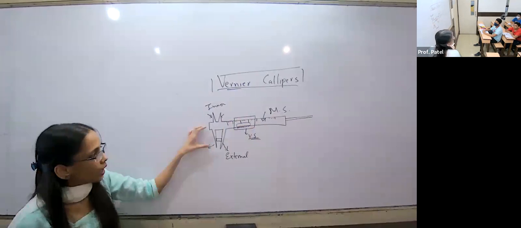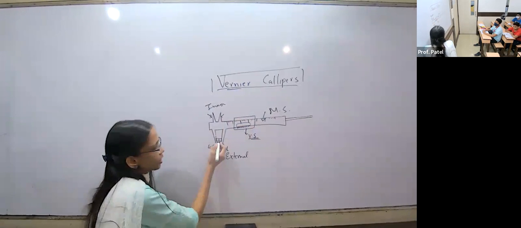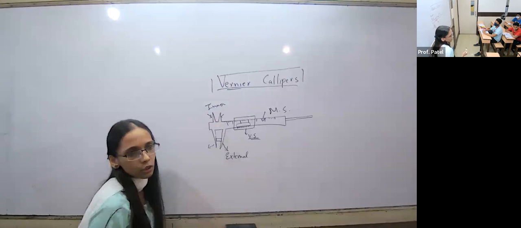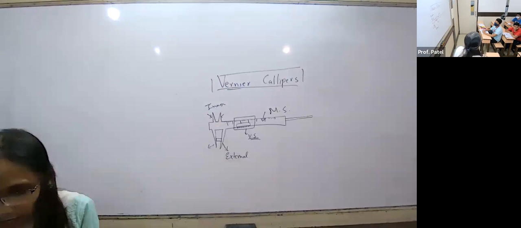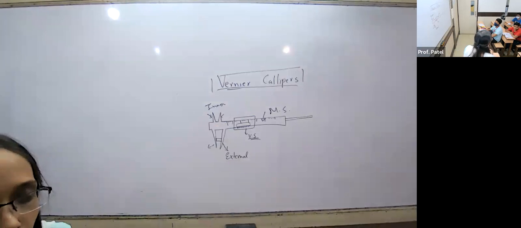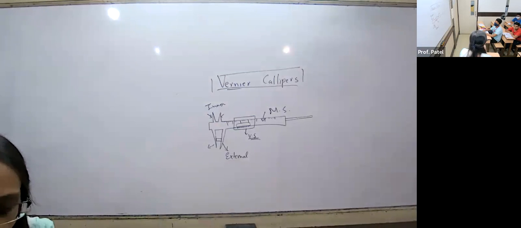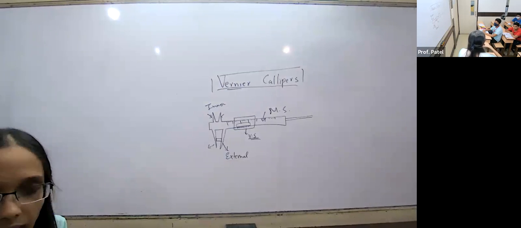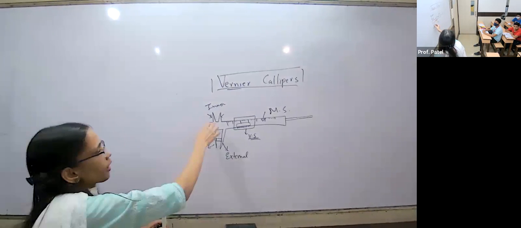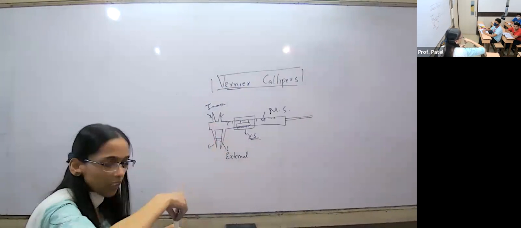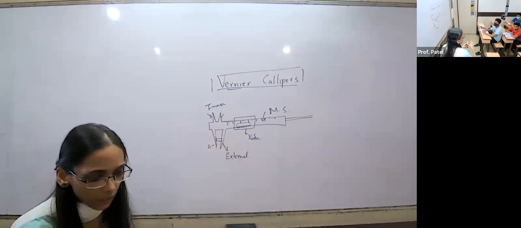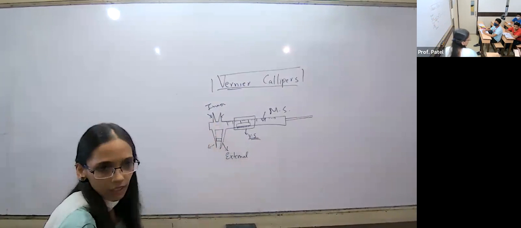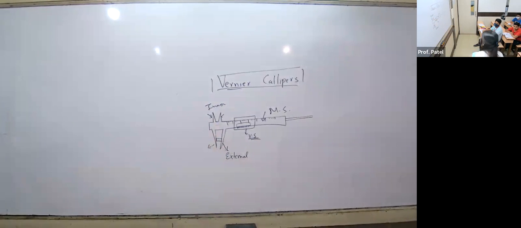This outer jaw is used to measure the length of objects which are easy to hold. This inner jaw is used to measure the inner diameter of a hollow object. Just imagine I have a hollow object and I want to check the inner diameter. It is difficult to put the two bigger jaws inside, so I use these smaller jaws to measure the inner diameter.